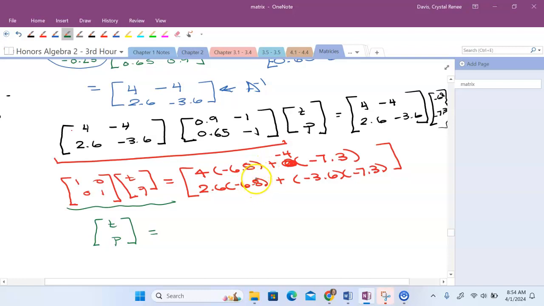And then from here, if I put all this into my calculator, guys, I get 2 and 8.6.